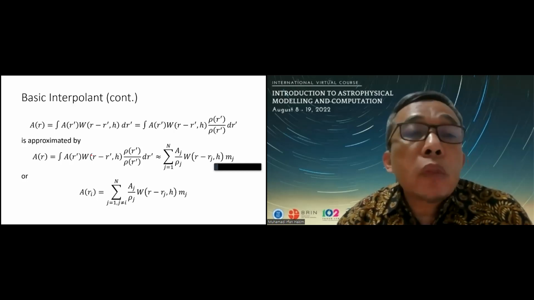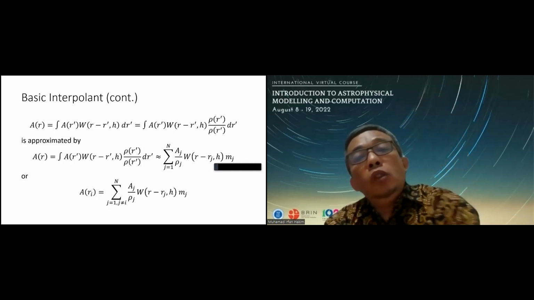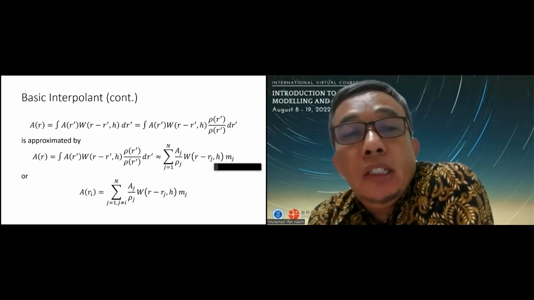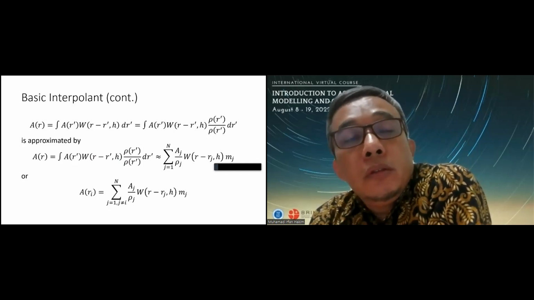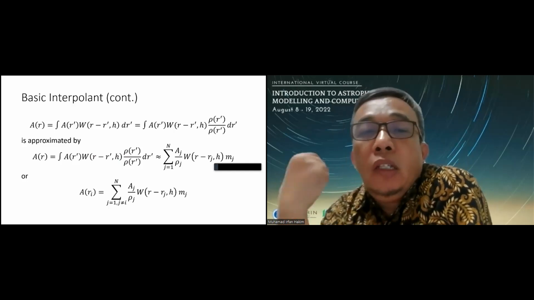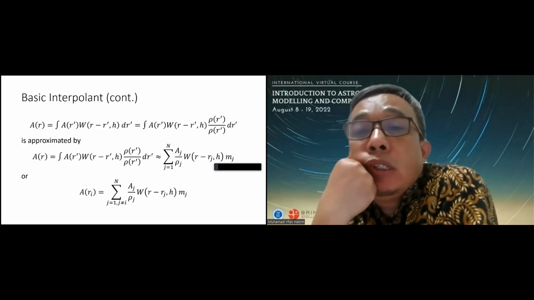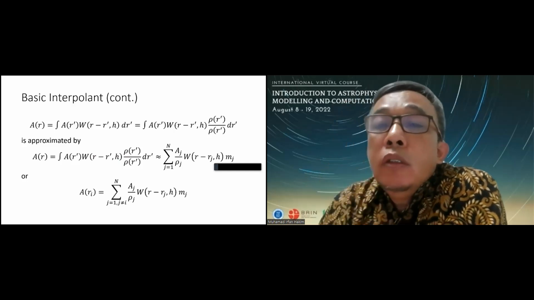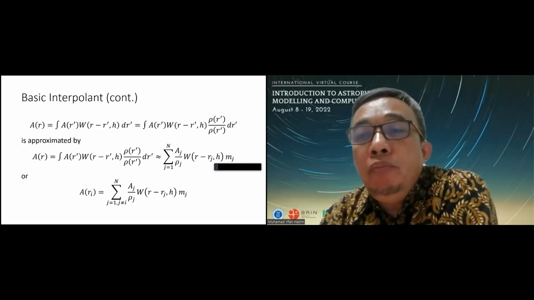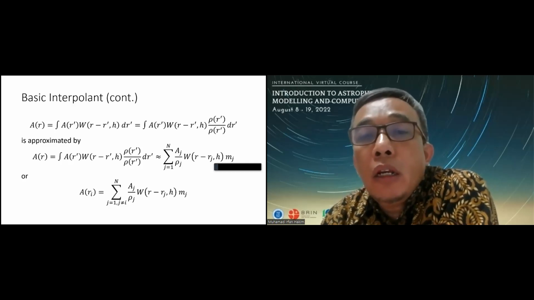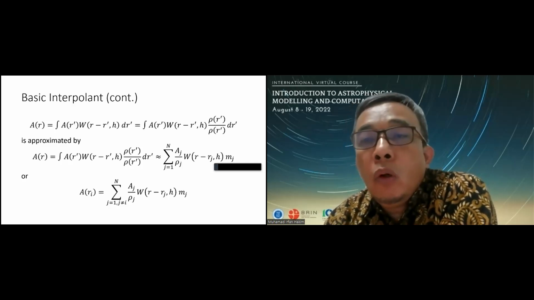Okay, now the next step is approximating this integral calculation by listing a finite number of particles, replacing rho dr here by mass m, and here is rho.